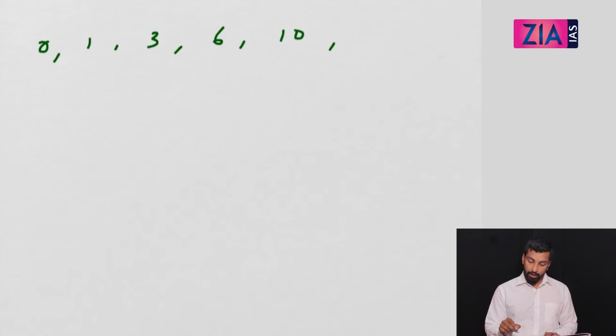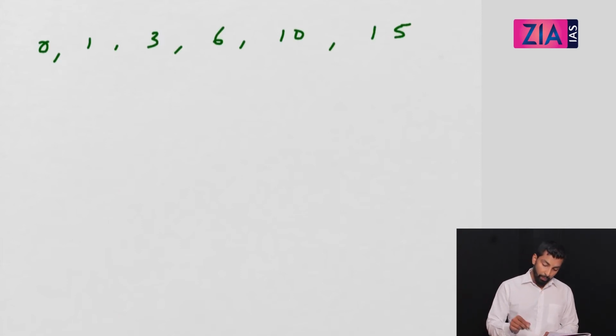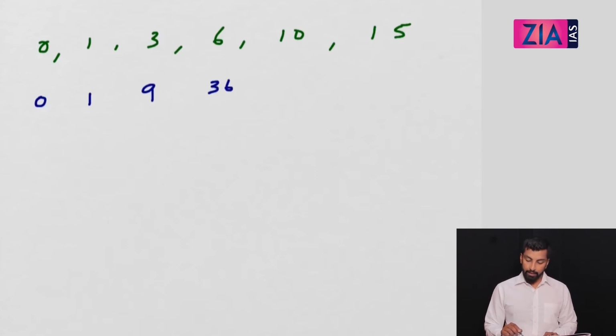Now another interesting pattern you can see in case of sigma n numbers: let's take these numbers 0, 1, 3, 6, 10, 15. These are sigma n numbers, also called triangular numbers. Now let's square these numbers. 0 is 0, 1 is 1 itself, then 3 squared is 9, 6 squared is 36, 10 squared is 100, 15 squared is 225.